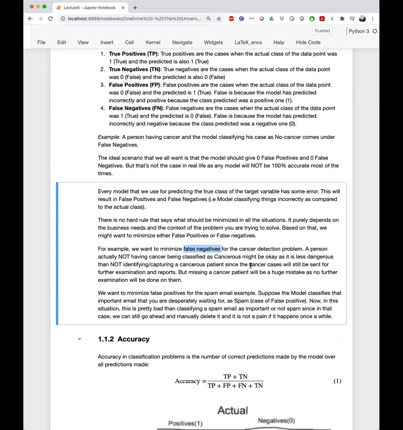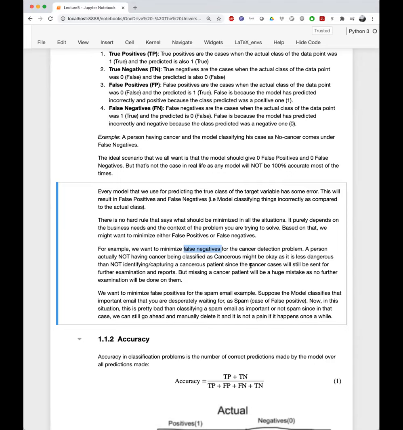A false positive means the model predicts an email is spam, but actually it's not spam, or maybe it's an important email. So it will put an important email into your spam folder, and you won't see it. You don't want many cases like that, so you want to minimize the false positives.